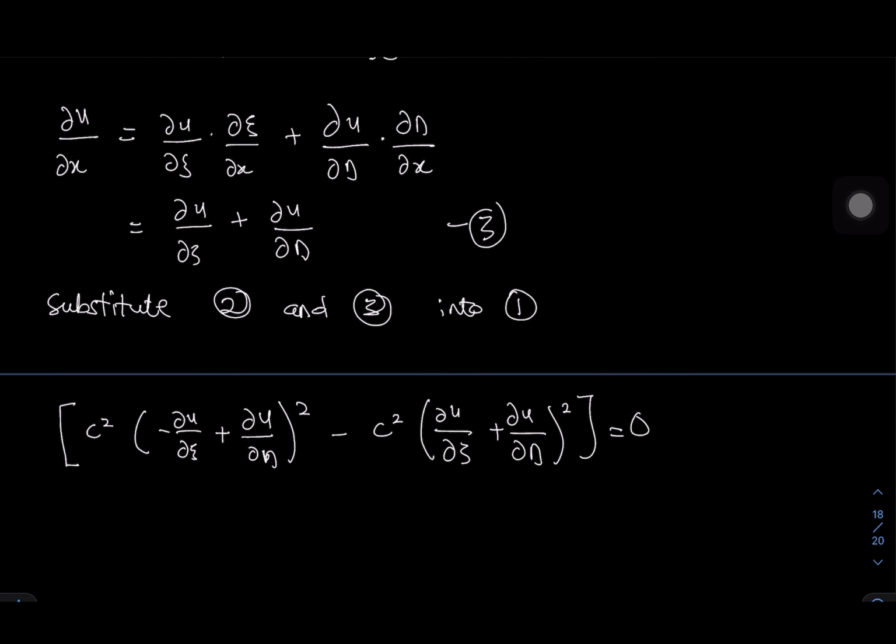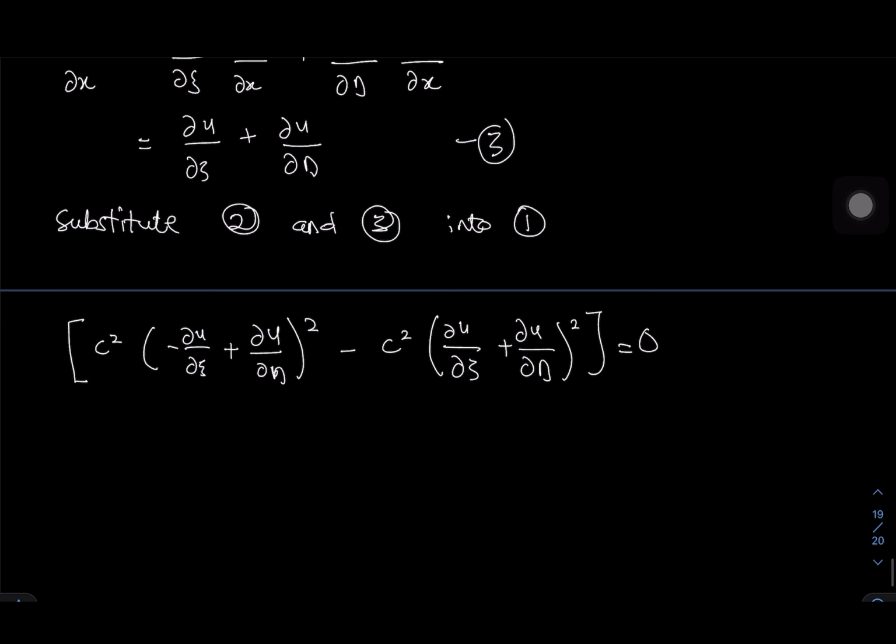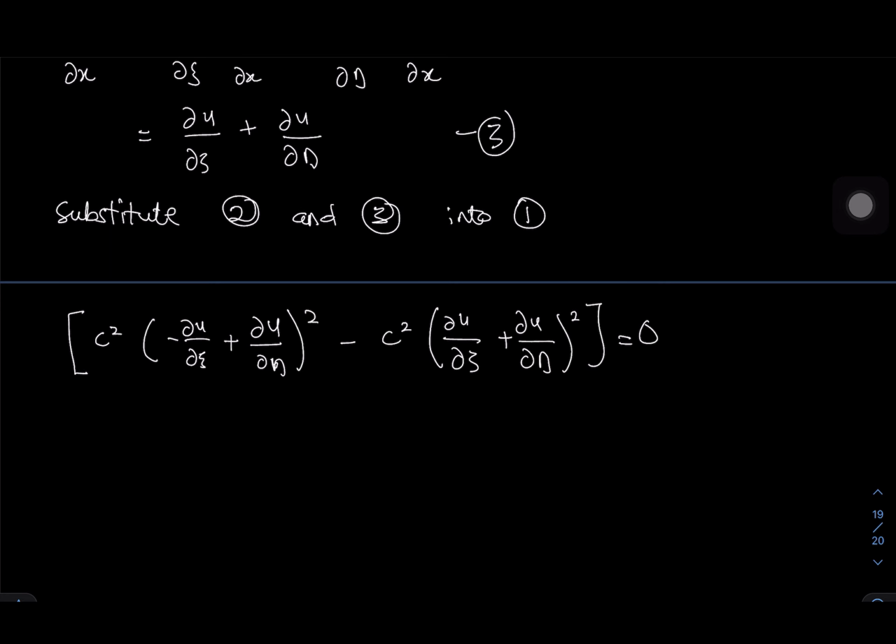Okay, so now let's move on. We can rewrite this as c squared, then I'm going to multiply this by, I'm going to try and expand the brackets, okay? So that's going to be minus, actually it's going to be u eta squared, because it's going to be squared, it's going to be a positive value.